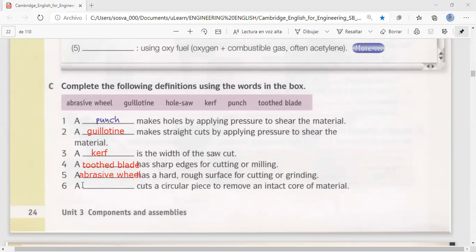In this case, I have a hole saw that cuts a circular piece out, removing an intact core of material.